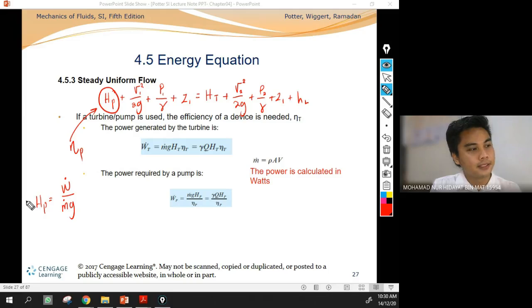So HP equals efficiency of the pump multiplied with head of the pump, equal to work done of the shaft over mg, in order to get the work of the pump.